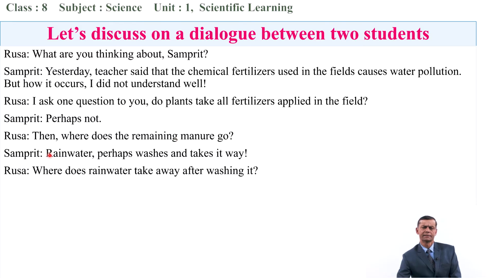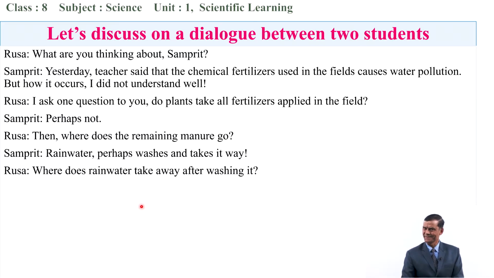Rusha says, then where does the remaining manure or fertilizer go? Do you think? Where does it go? Samprit says, rainwater perhaps washes and takes it away. Yes. In response to Samprit, Rusha again says, where does the rainwater take it after washing it?